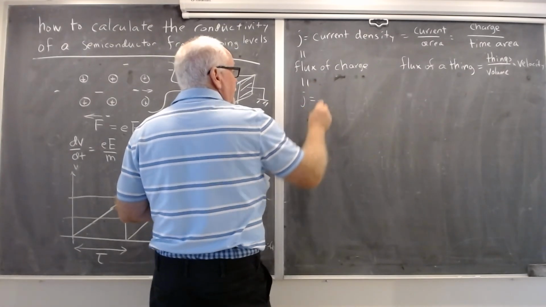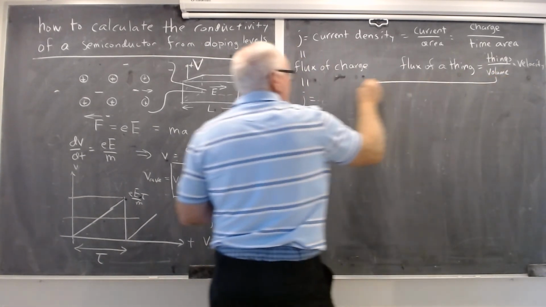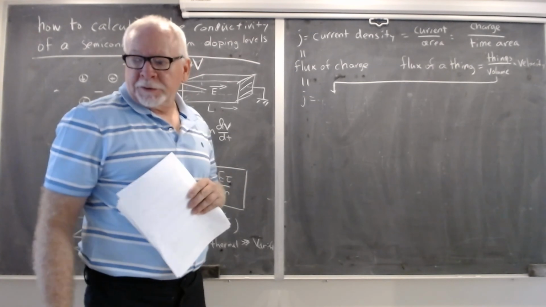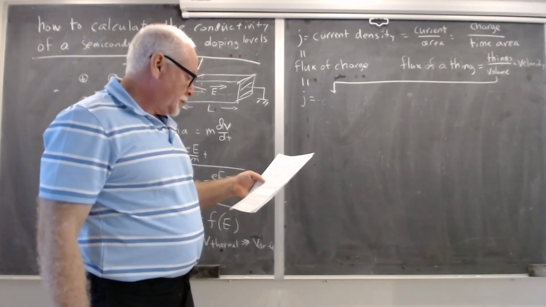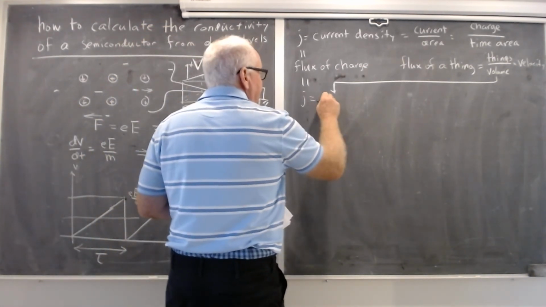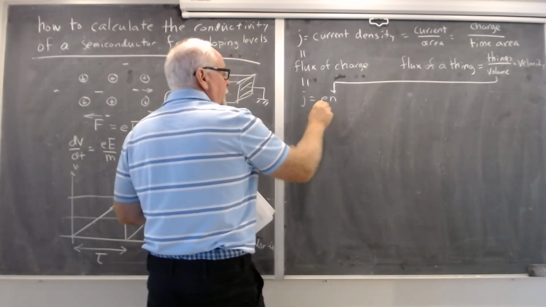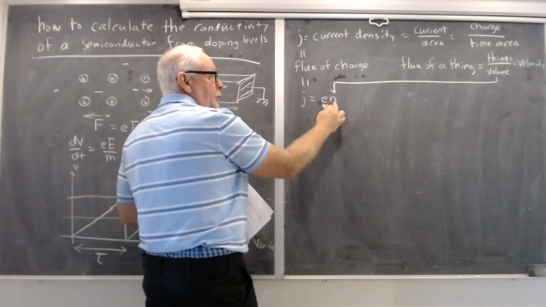So J then is equal to the charge per unit volume. What is the charge per unit volume? Well, it's E times N, where E is the charge of an electron, and N is the electrons per unit volume.